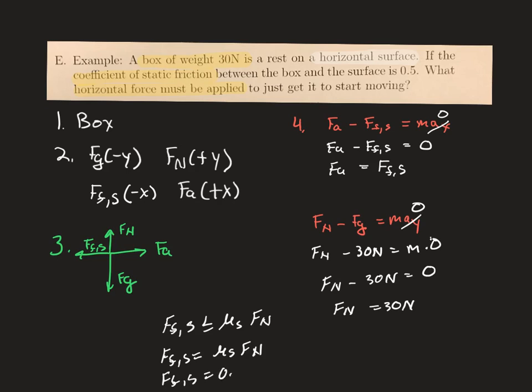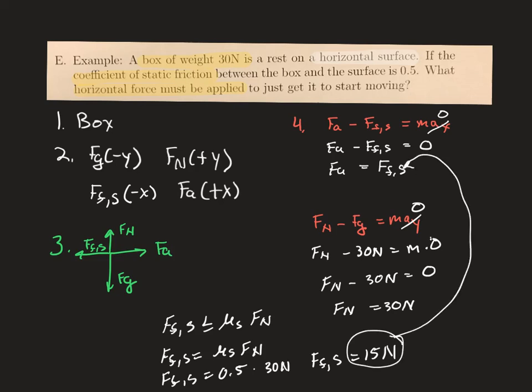We're given the coefficient in the problem, and we just found the force normal. So the force due to static friction is 0.5 times 30, or 15 newtons. We can then take that 15 newtons and plug it back up here and find that the force applied is equal to 15 newtons.